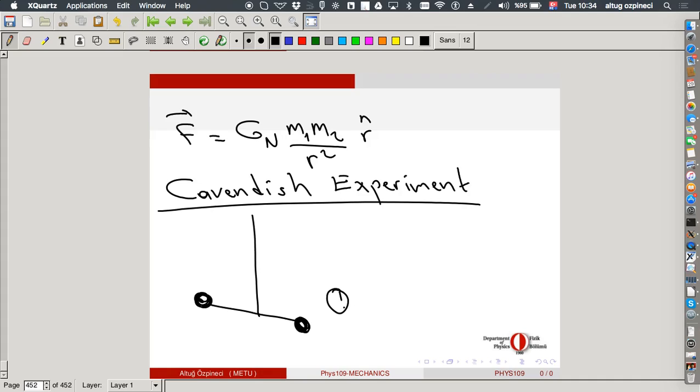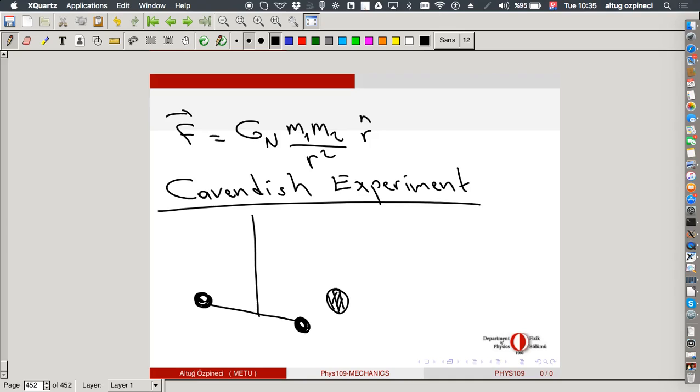And you bring another mass close to one of these spheres. There will be some gravitational attraction between these two. That's what you want to measure.